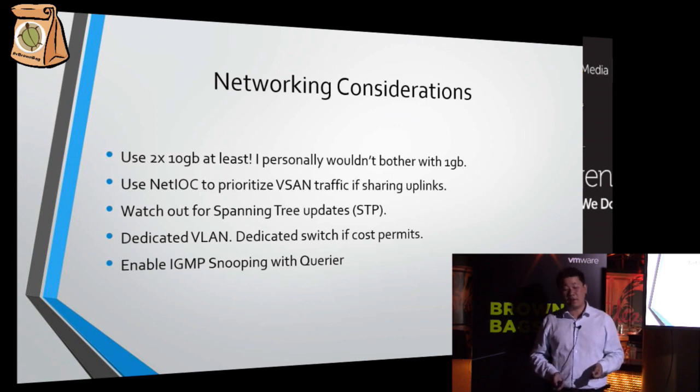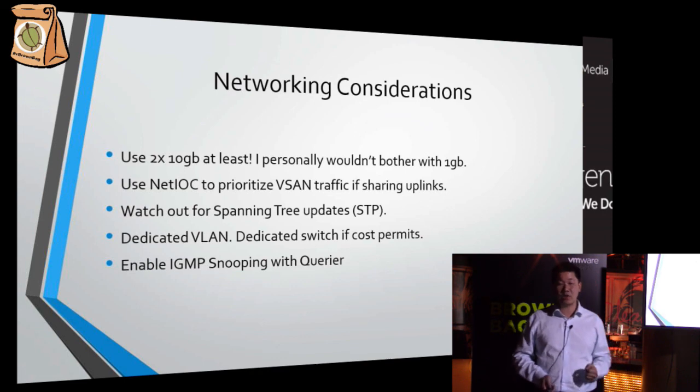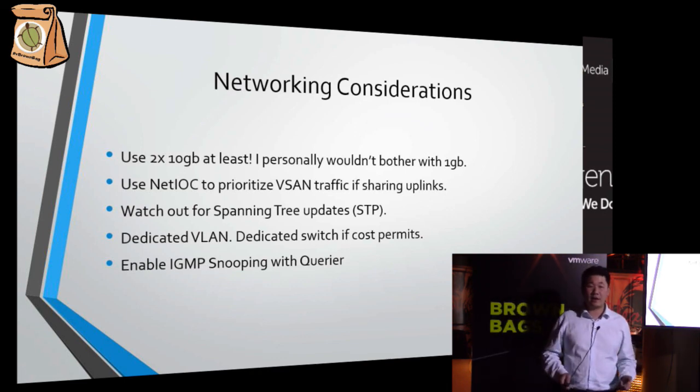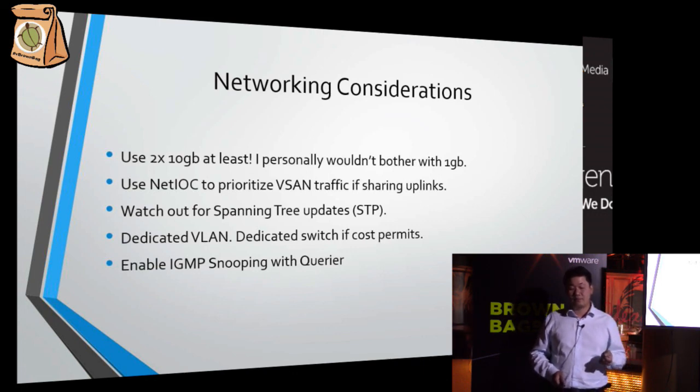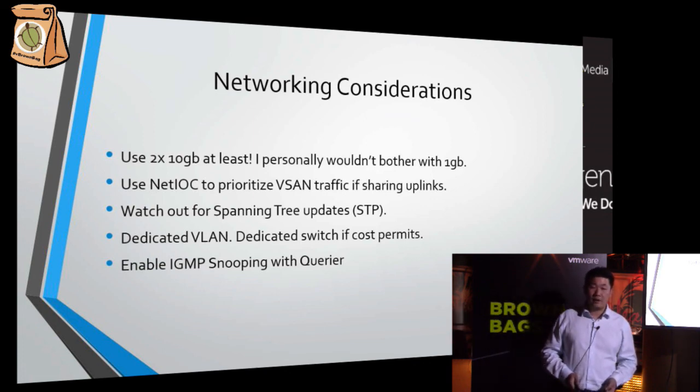Always use a dedicated VLAN, and if cost permits, I would suggest using a dedicated switch just to avoid any interruption or overlaps. Lastly, I would suggest enabling IGMP snooping with querier, because that's fundamental to controlling your multicast traffic.